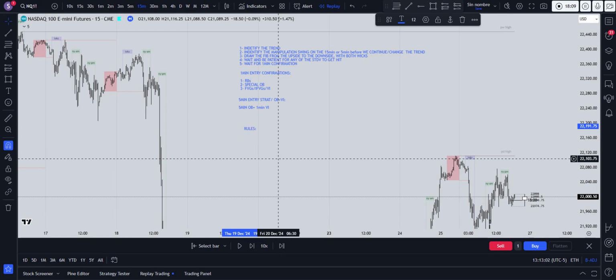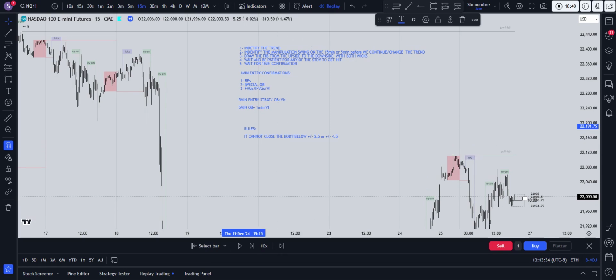Rules. It cannot close the body below the plus or minus 2.5, right? Or the plus or minus 4.5, right?